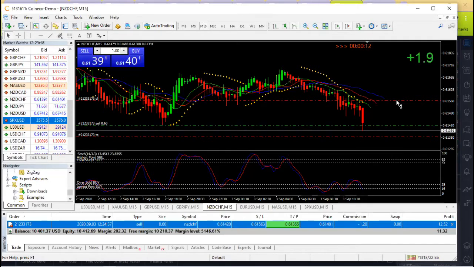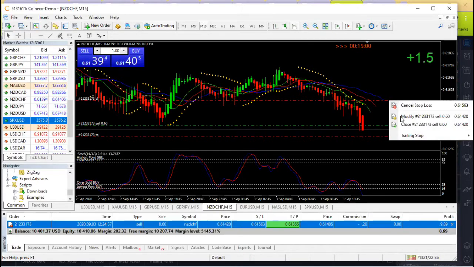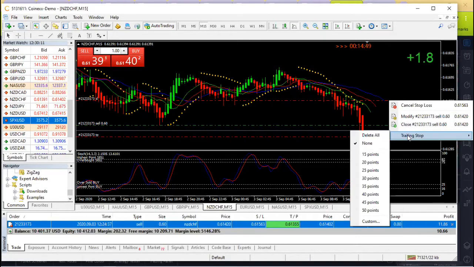Okay, now you don't necessarily have to have a take profit, but what you can do is hover over your stop loss line. You right click, and then it's going to bring up an option for you to cancel your stop loss, make modifications, close it, or right here where it says trailing stop.